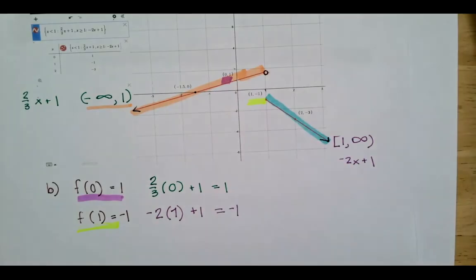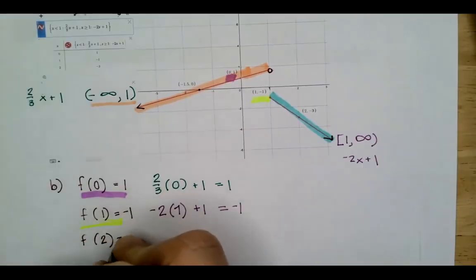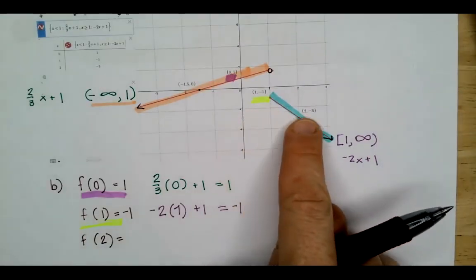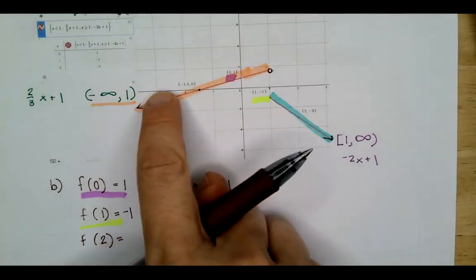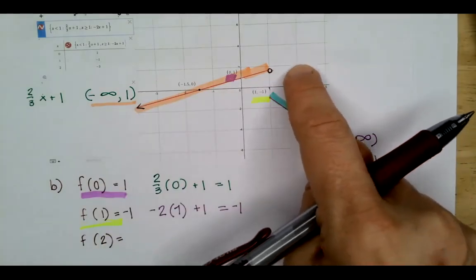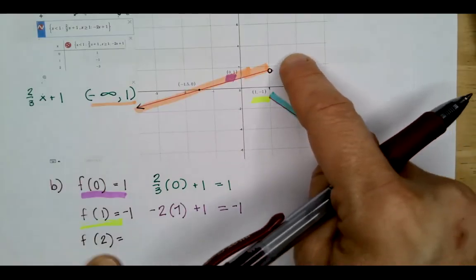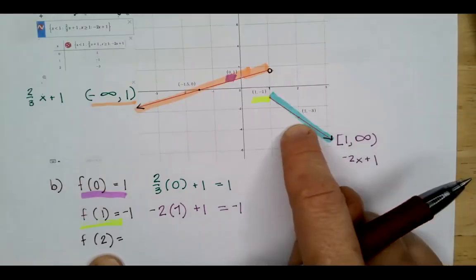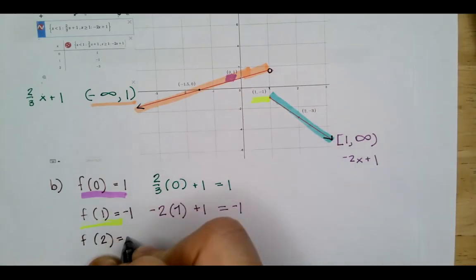And my last one is, what is f of 2? f of 2, I can see, is going to be over here, right? Here was 0, 1, here's x equals 2. That's what that means. f of 2 means x equals 2. When x equals 2, y equals -3.